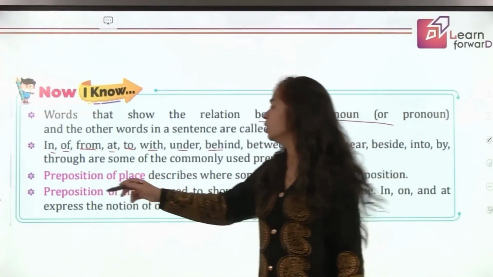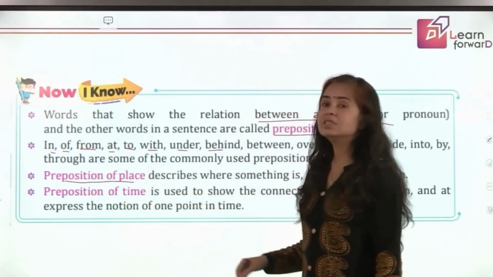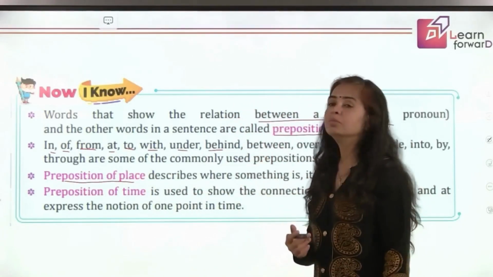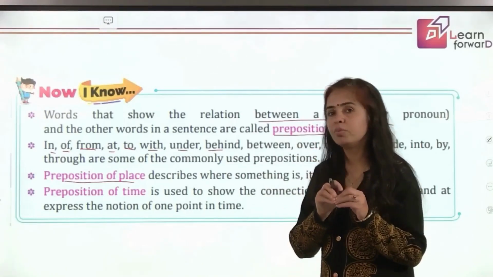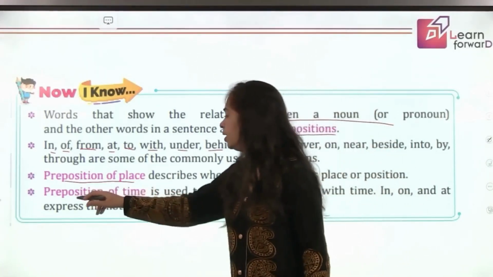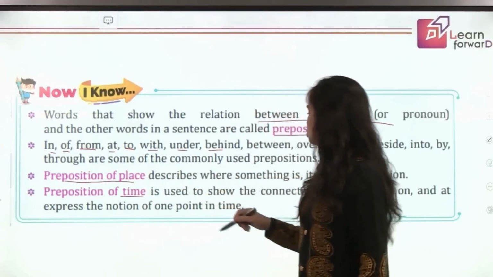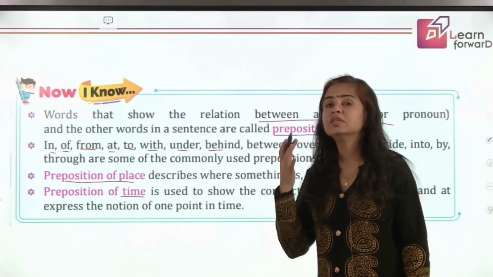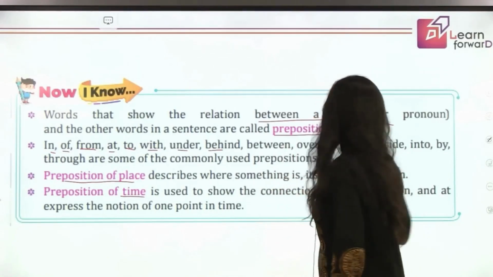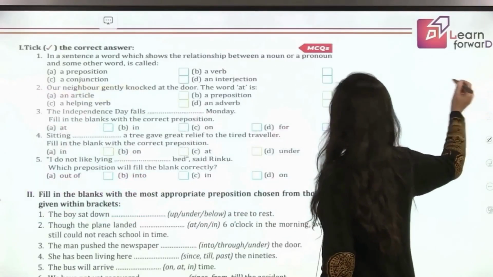Then we also learned prepositions of place. They describe where something is, the location, the position of some noun or pronoun, right? And then preposition of time is used to show the connection of that noun or pronoun with some time reference. So that was all. Let's see how much you have understood.